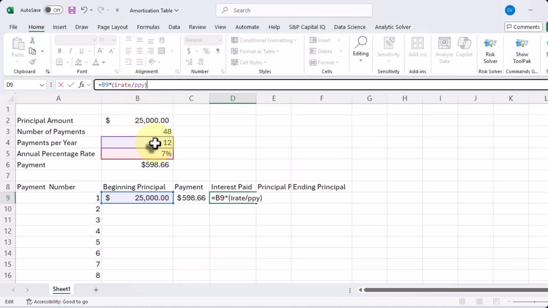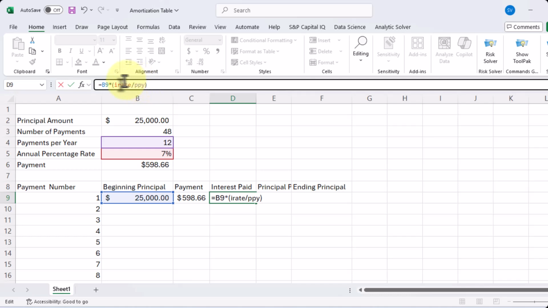Now, it's useful here that I've already named these cells because as I drag this down and fill it in, I want it to continue to reference these values in B4 and B5. And if I hadn't named these, I'd have to lock the cells into place, or when I pulled this down to fill it in, it would refer to the incorrect cells.